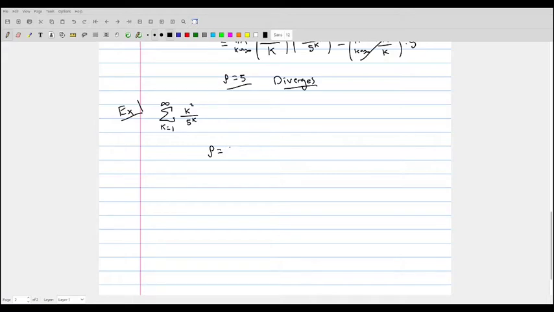The limit of ratios is going to be the limit as k goes to infinity of the absolute value of (k plus 1) squared over 5 to the k plus 1, divided by k squared over 5 to the k.